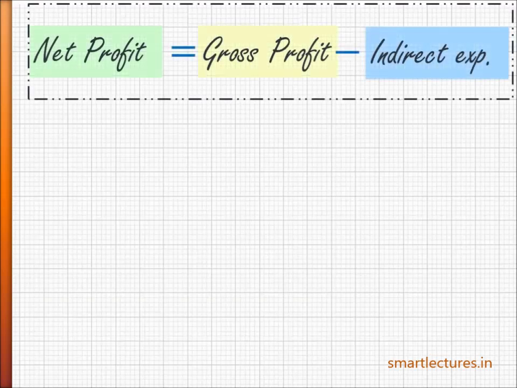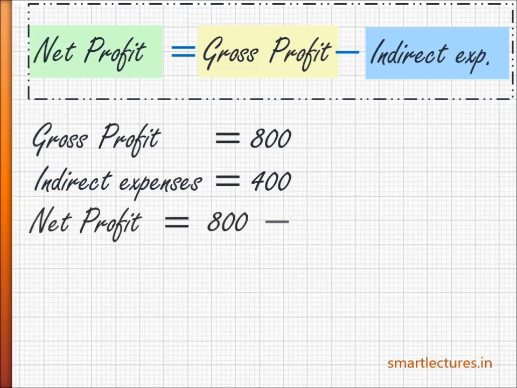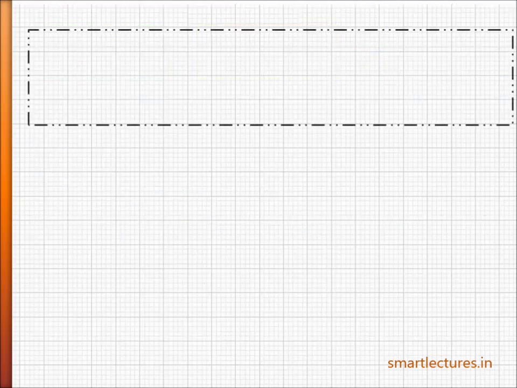Now let's calculate net profit. Net profit is always equal to gross profit minus indirect expenses. In this example, the gross profit was rupees 800 and indirect expenses were rupees 400. So 800 minus 400, that is equal to 400. So in this way I can say to calculate net profit, there are two ways.